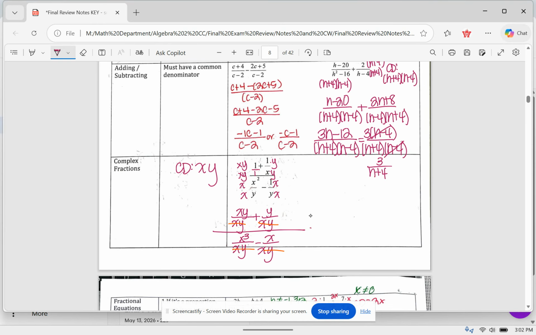And that leaves me with, I'm going to come up over here, xy plus y all over x cubed minus x. So now at this point, I have a fraction that I just want to look to simplify. So I can factor the y out of the top, and x out of the bottom.